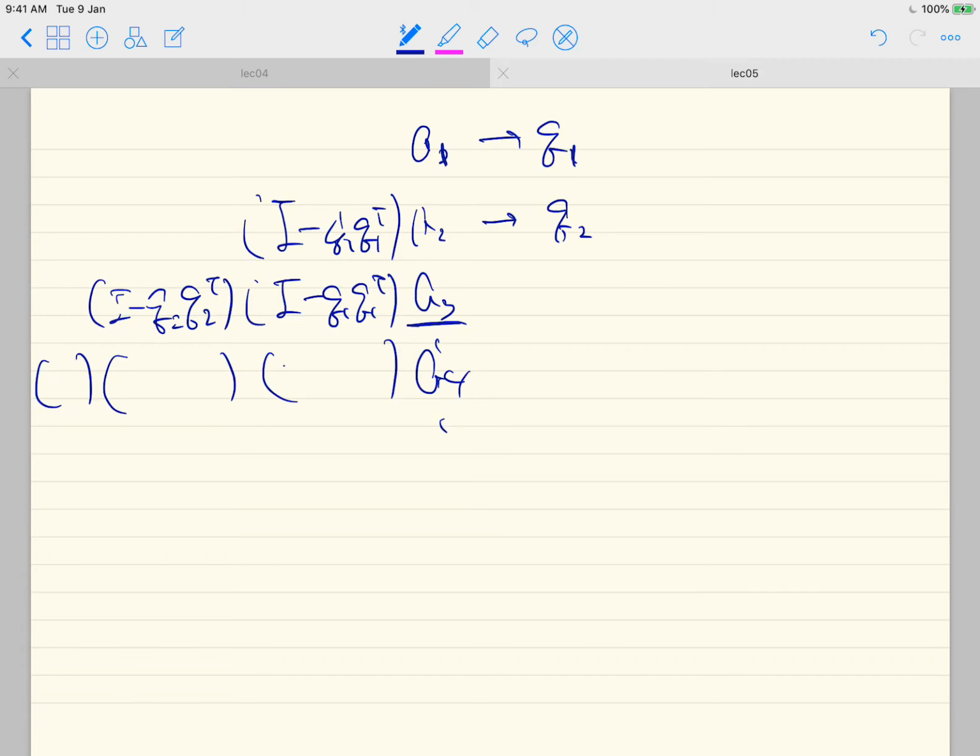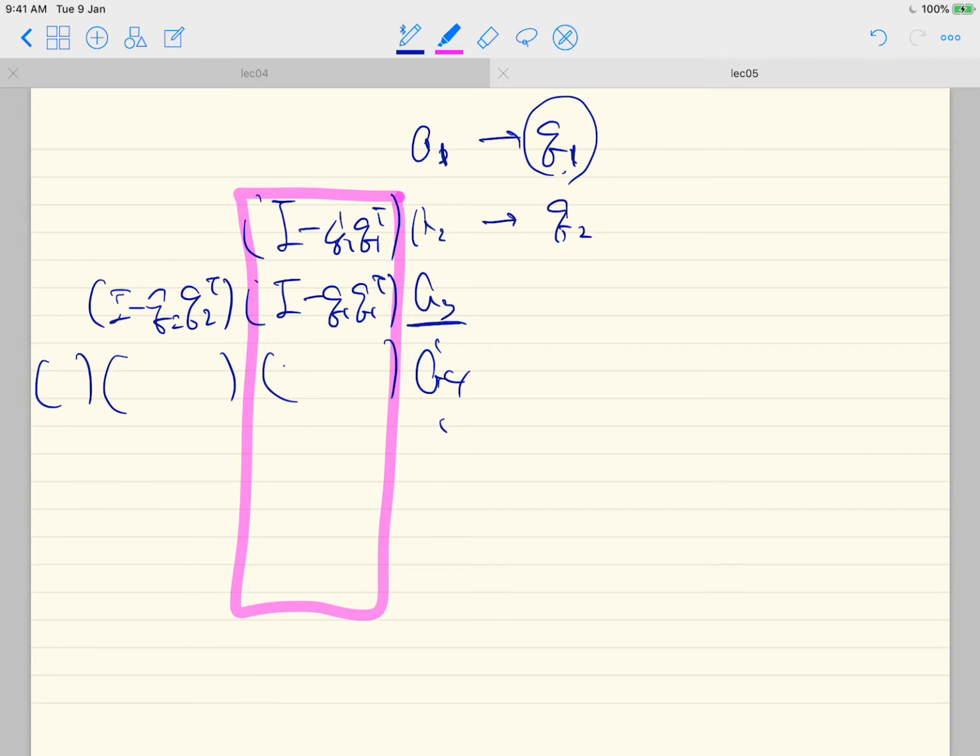And so, once we obtained q1, we just multiply the same matrix with the remaining vectors, right? So that way, this one is called v2, and this one is called v3.